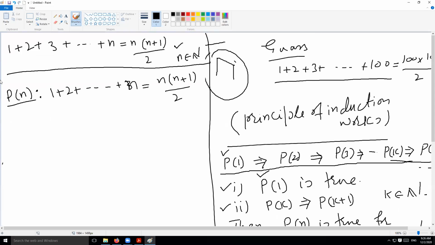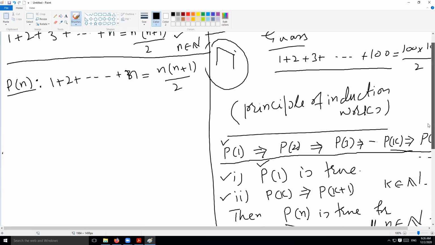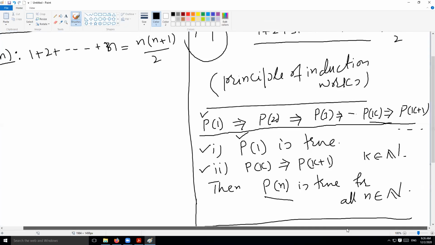First of all, I need to prove that P of 1 is true. By the way, these two steps have names. This first step is also called a basis step, as you might see in books.